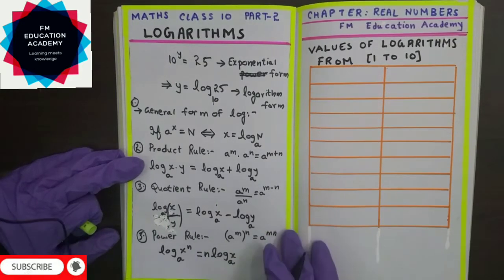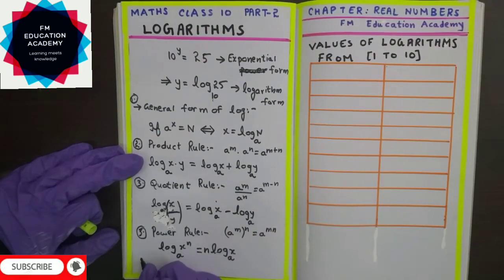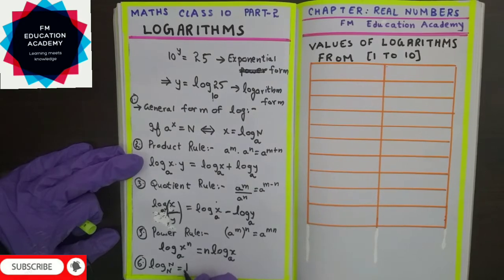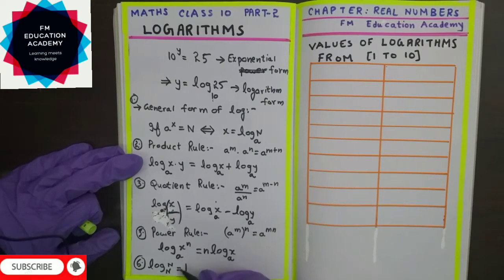Now we have some more formulas. The value of log n to the base n is always 1. That is, if we have two equal numbers, for example log 25 to the base 25, then that value will be equal to 1. Log n to the base n is always 1.